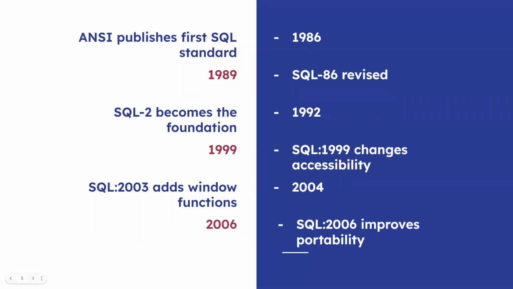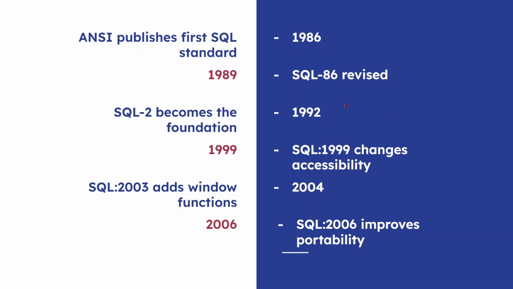And later on, there are many standards published for SQL. As you can see here, the American National Standards Institute published the first SQL standard, which basically set the foundation for SQL standards, which were updates to SQL.